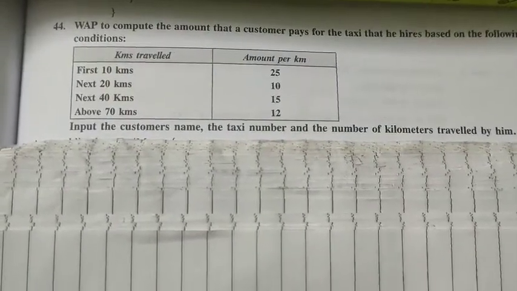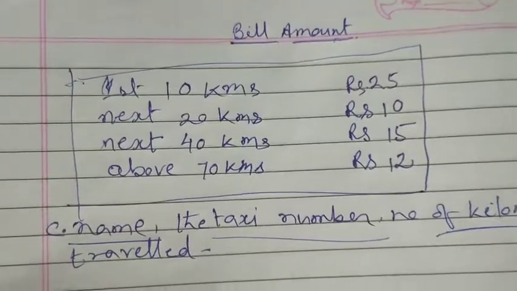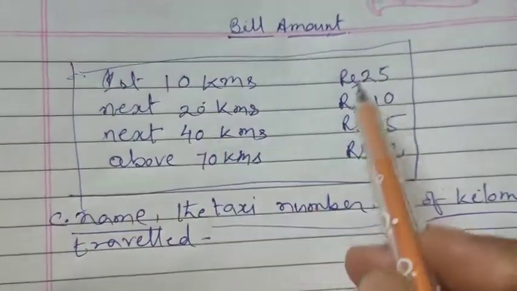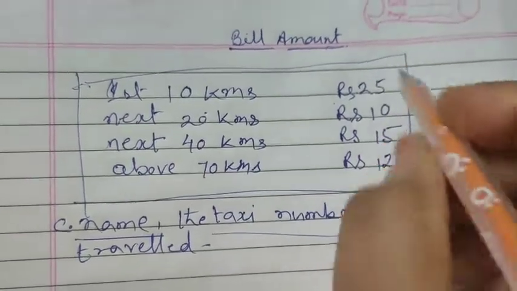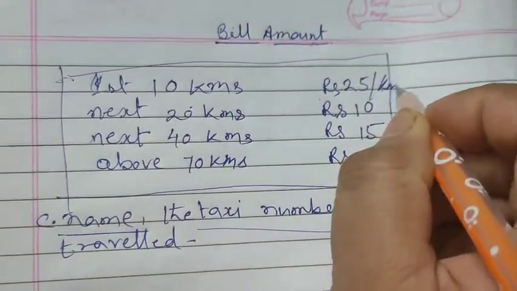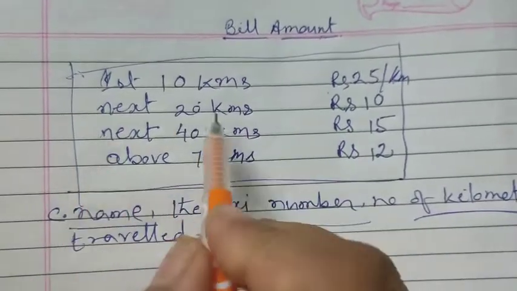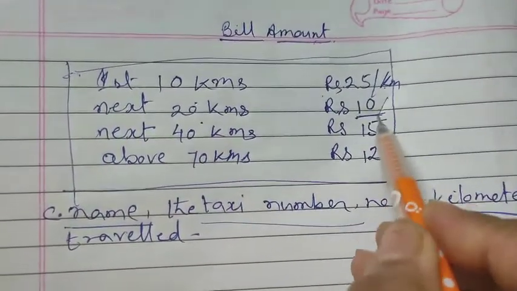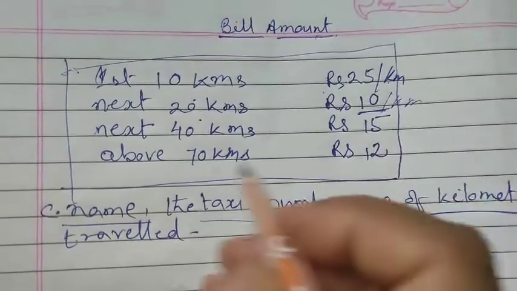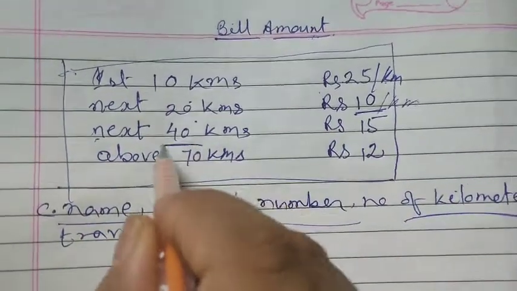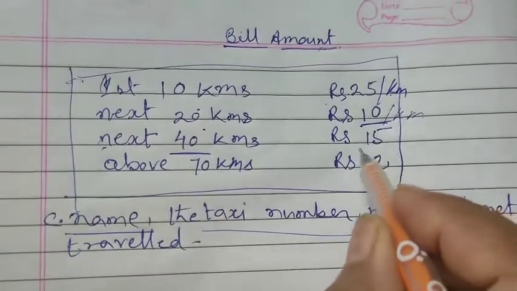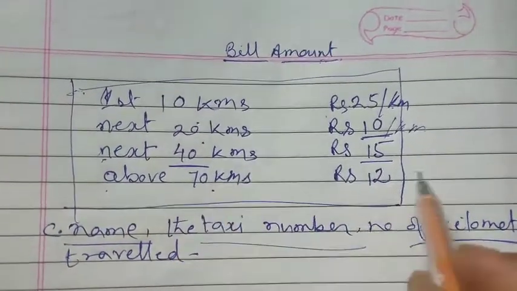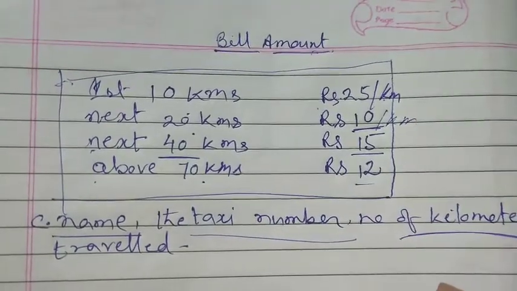So, what is the criteria? Up to 10 kilometers, rupees 25 per kilometer. For the next 20 kilometers you have to pay rupees 10 per kilometer, and similarly for the next 40 kilometers you pay 15 rupees per kilometer, and above 70 kilometers you pay 12 rupees per kilometer.